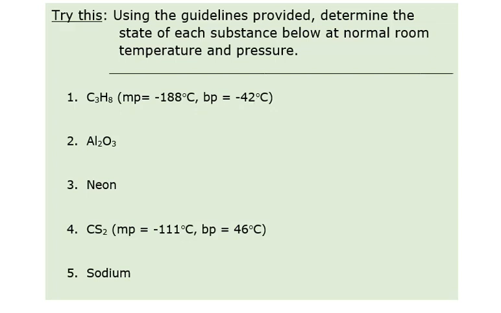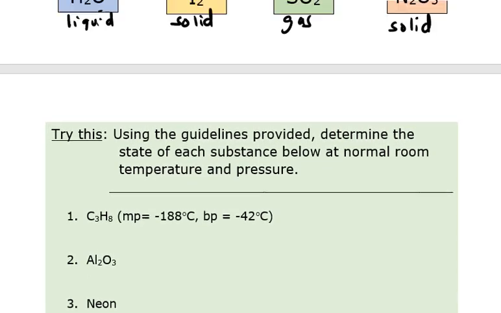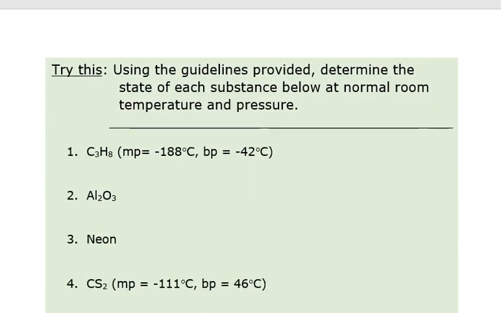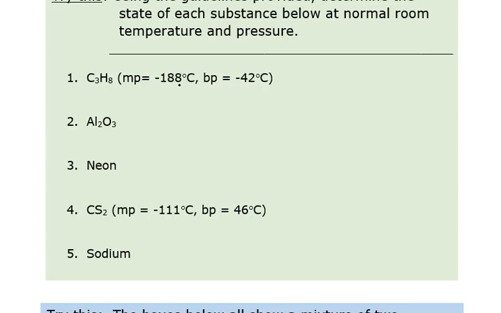So you could draw a little chart, and it would be something like it is for SO2, where the boiling point is already below room temperature. Okay, the melting point's way below room temperature, the boiling point's below room temperature. So we'll say room temperature is above the boiling point, and therefore it's a gas.